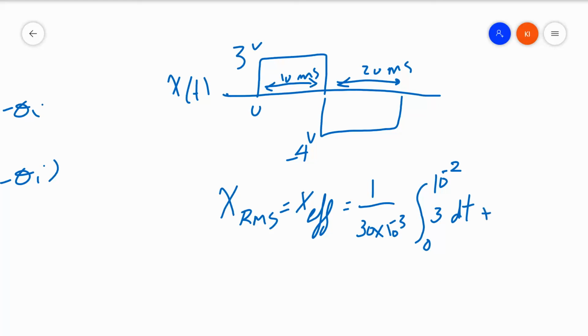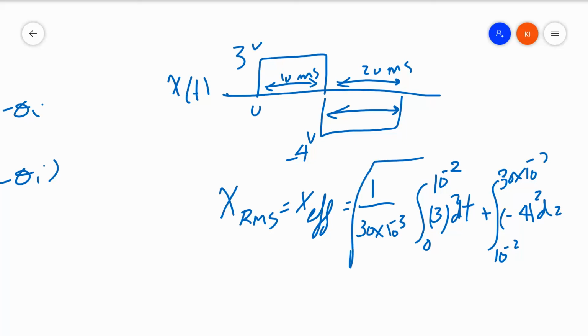And then I have to integrate it from 10 to the minus 2 to 30 times 10 to the minus 3, this interval. And at this interval, the value is minus 4, dt. And remember, these have to be squared, right? You have to square these. And then when you're finished, you have to take a square root of the whole thing.